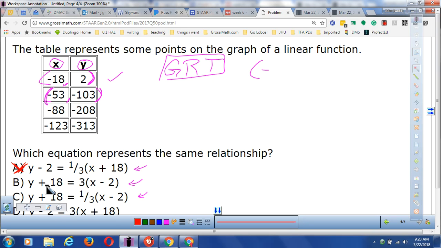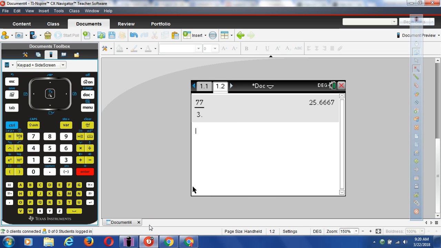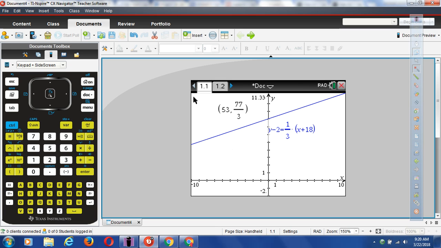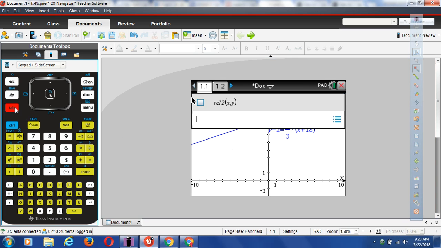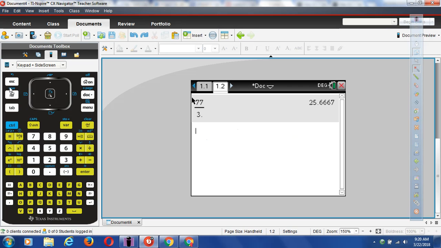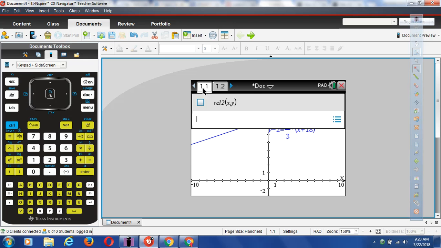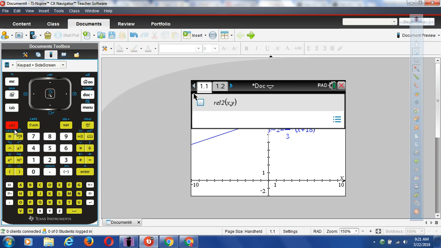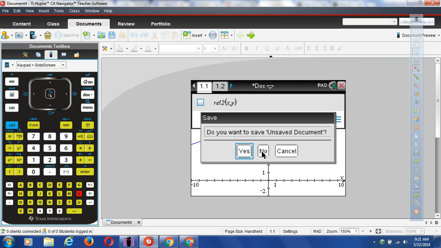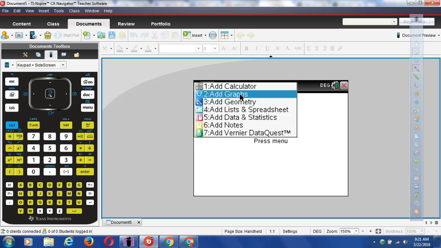Now I try this one: y plus 18 equals 3 times x minus 2. So I'm going to go back to the graph. Let's see, what's the easiest way here? Okay, Control N, and I'm just going to start it over because I don't want to have multiple graphs on there confusing me.